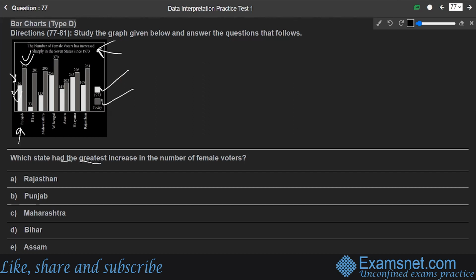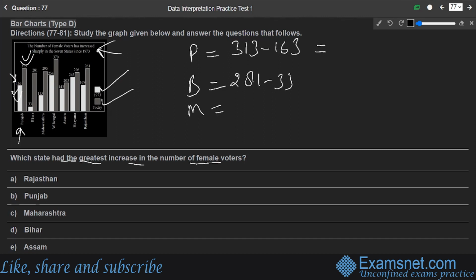Which state had the greatest increase in the number of female voters? So clearly we need to find the increase value. For Punjab, the increase is 313 minus 163. For Bihar, the increase is 281 minus 33. For Maharashtra, it is 295, the gray color, minus the white color, 113, and so on.